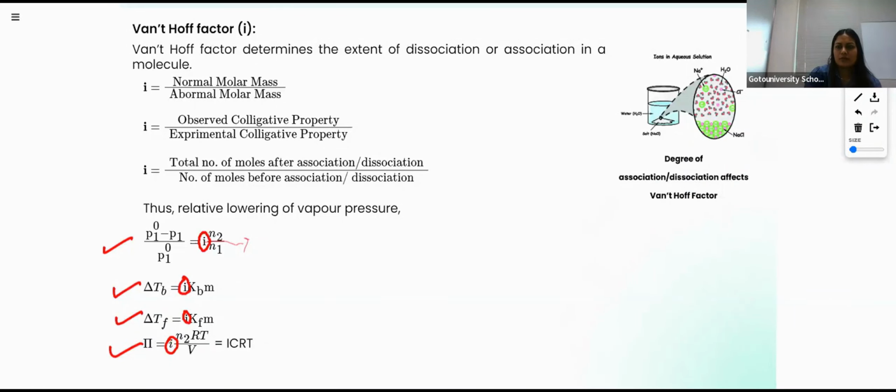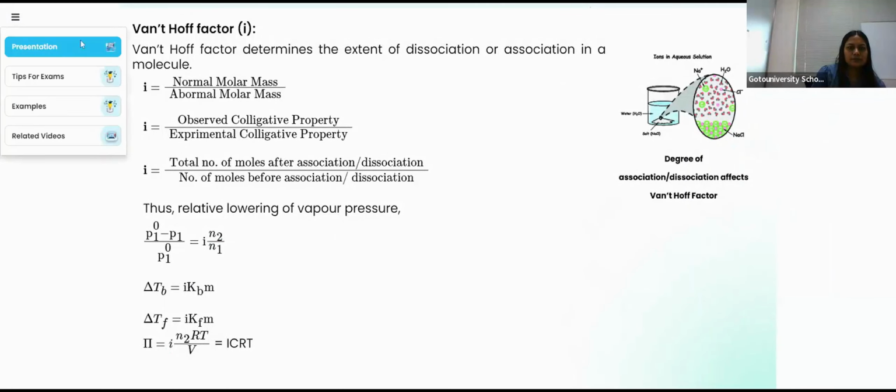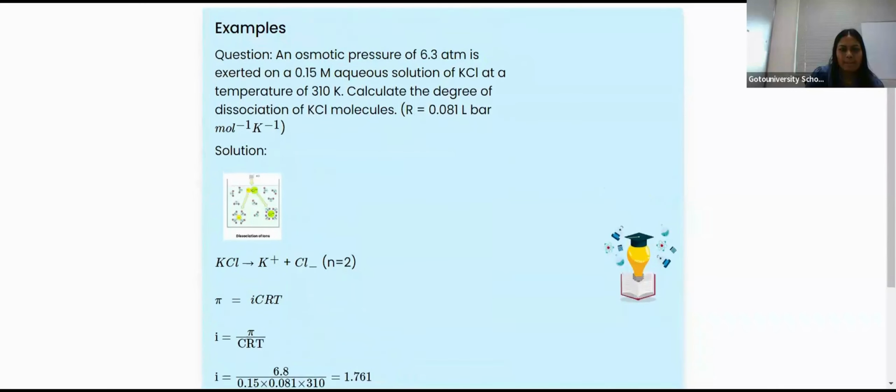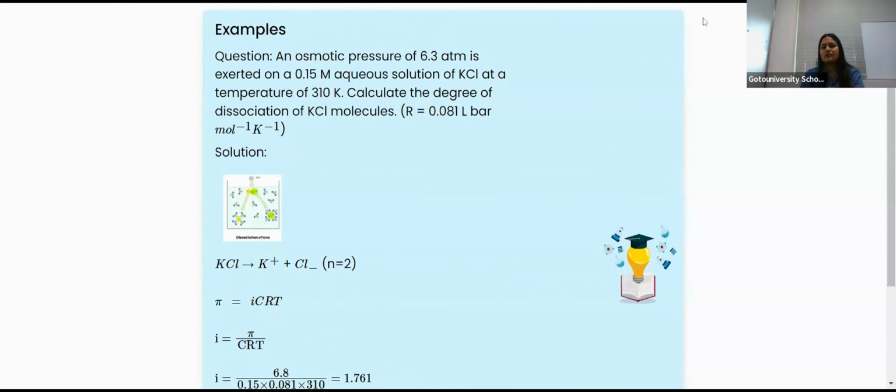So let's do an example relating to the van 't Hoff factor. This is an example where we will be using the van 't Hoff factor.